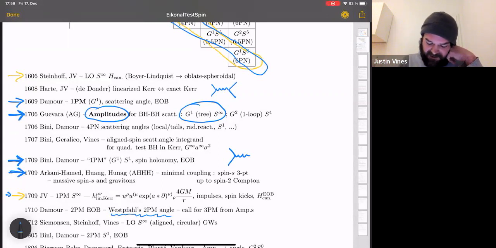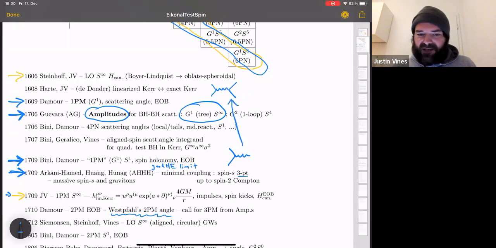And they argued that there was a definition of minimal coupling, which really was about having a uniquely well-defined high energy limit, which singled out some particular 3-point amplitudes, which Guevara put together in this one graviton exchange to get, like I'm saying here, the tree level, all orders in spin, amplitude, at least.